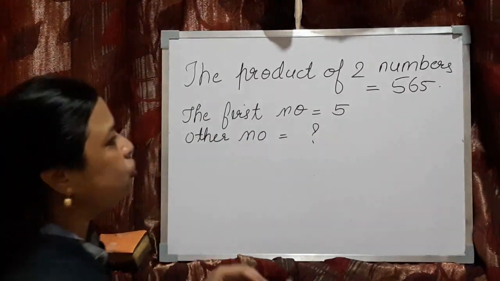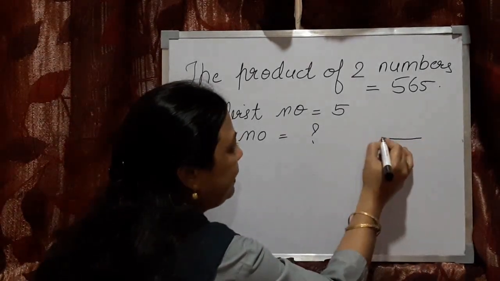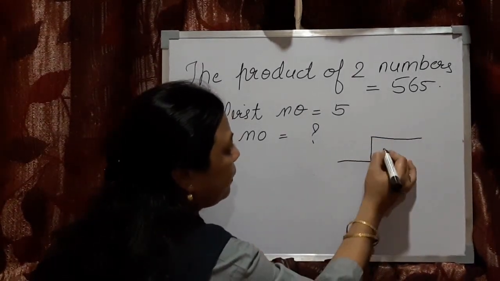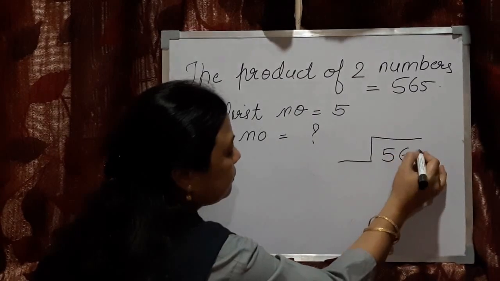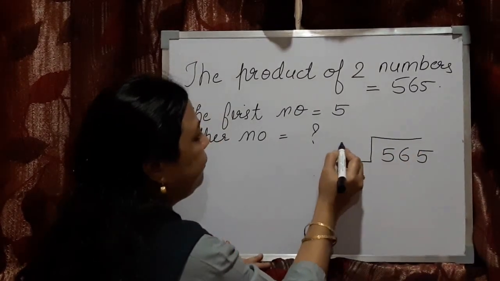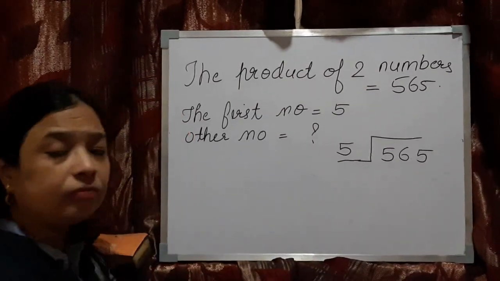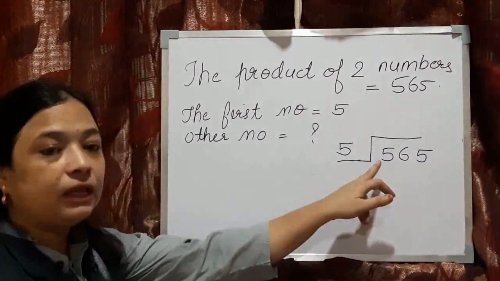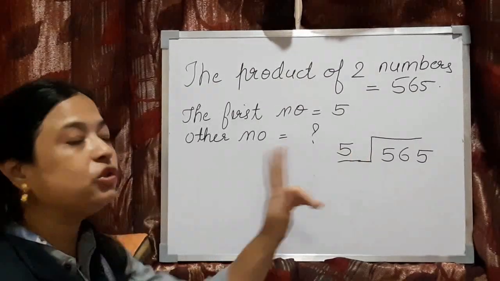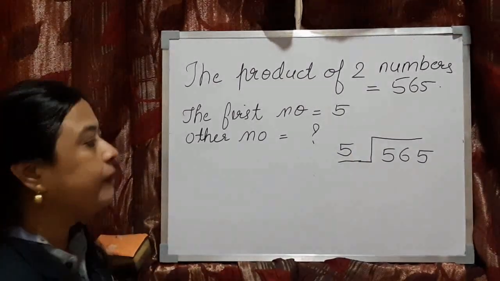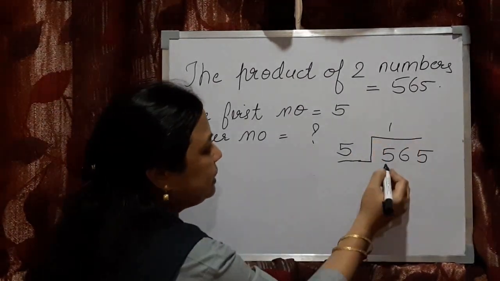So what we will do, children, we are going to divide our sum by 5, right? Now here 5 inside also first number is 5, so both are equal, so we will take only one number. So 5 ones are 5.